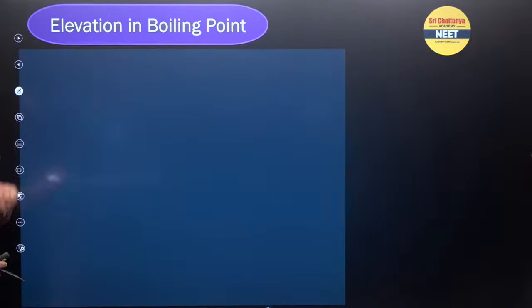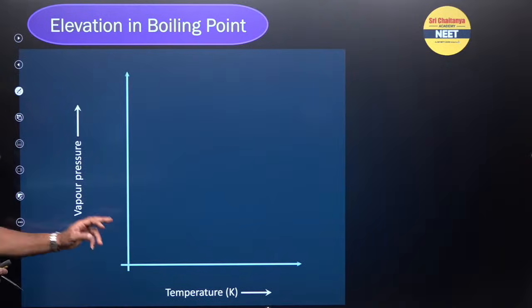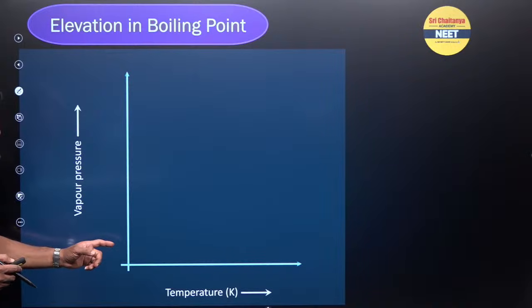So let us say elevation in boiling point. Vapor pressure and temperature, no?